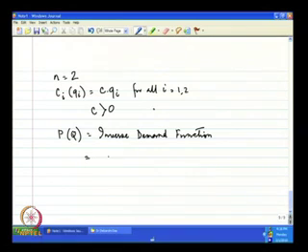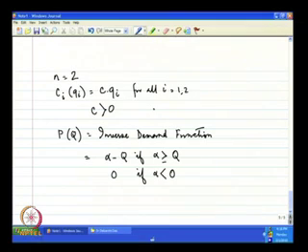This is represented by, suppose, P equals alpha minus q if alpha is greater than or equal to q, and P equals 0 if alpha is less than q. So, this is a very simple linear representation of the demand function.